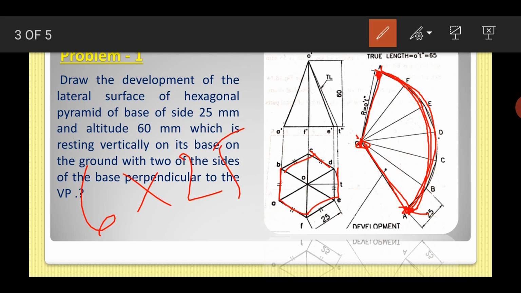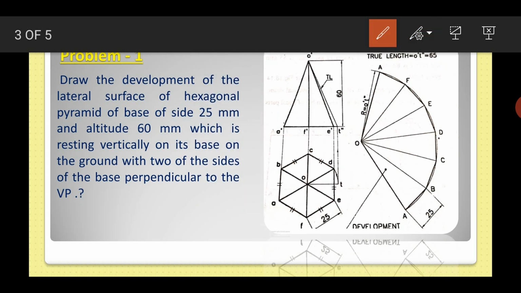So you divide it into parts of 25, then 25, then 25, and another, and so on. Here it is clearly seen. First, take a length. Suppose you are starting from point A, just draw a line; the length is the true length.